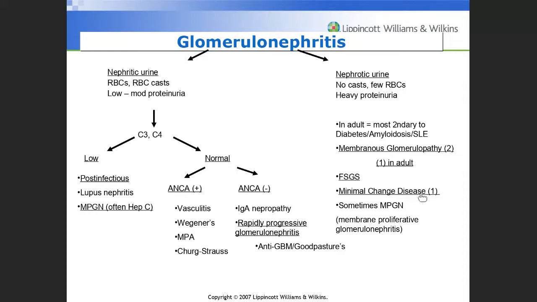So the minimal change you can see both in children and adults. In nephrotic, it's also typically secondary to other diseases. This is the primary disease: diabetes, amyloidosis, systemic lupus erythematosus. So when they have this disease first, the secondary is nephrotic. Okay.